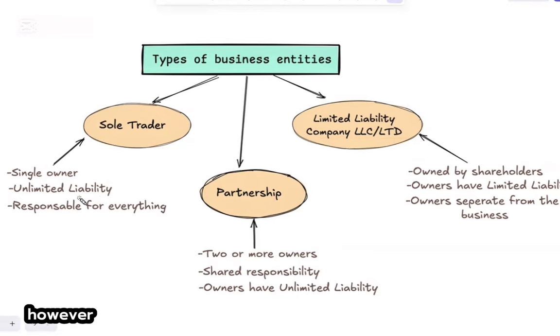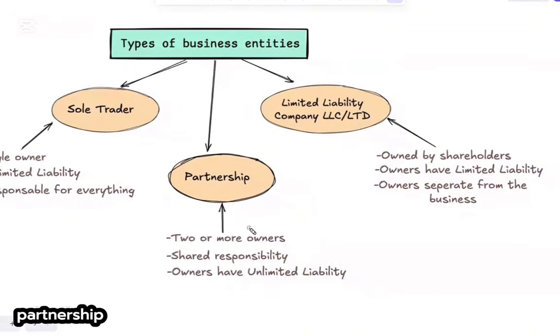However, the sole trader has unlimited liability. This means the owner is personally responsible for all debts of the business. If the business has a financial problem, the owner must pay with personal assets.